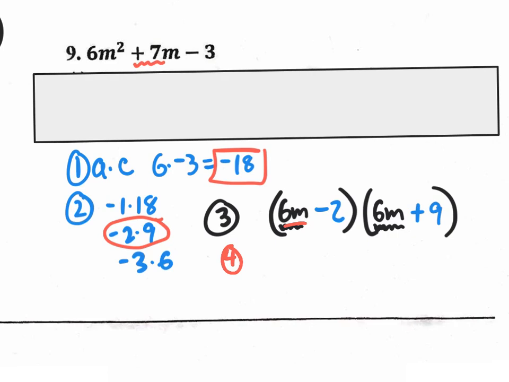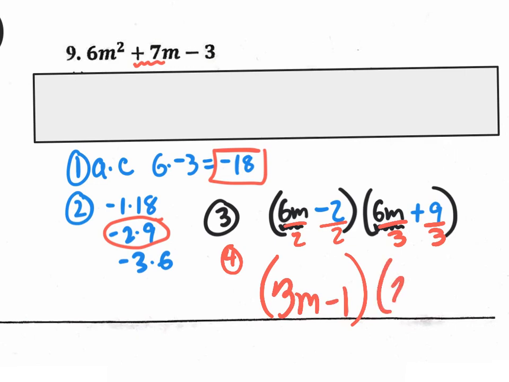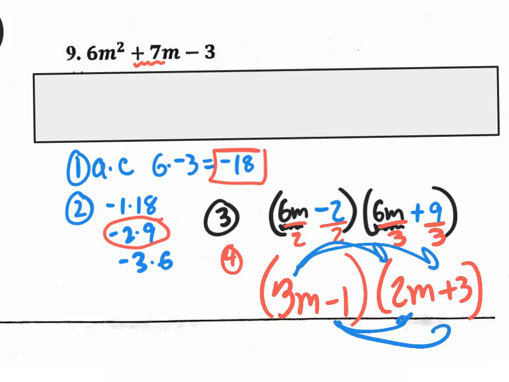Right? So let's divide by 2 and divide by 3 over here. So 3m minus 1 and 2m plus 3. Now that is your factored form. If you had some extra time on this test, you could have distributed and see that you do get that same answer above.